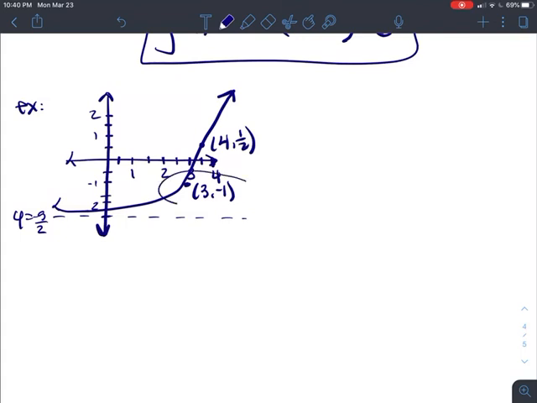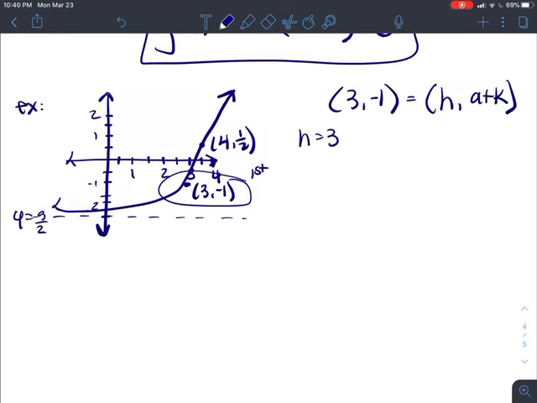So this is our first reference point. Okay. So I can say that 3, comma negative 1 is equal to h comma a plus k, since that's the formula. So I can say that my h is 3. And since they told me that my asymptote is negative 5 halves, I can say that a plus negative 5 halves equals negative 1.